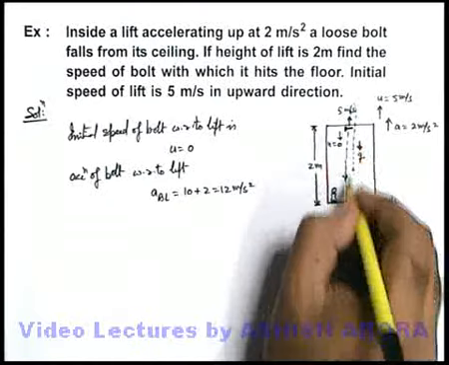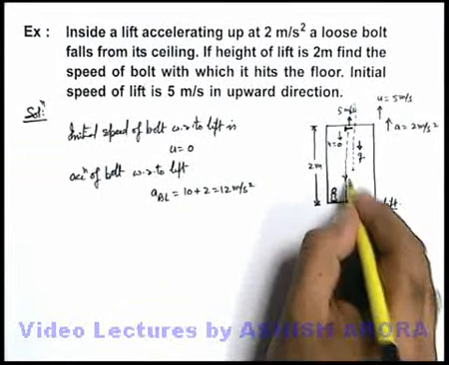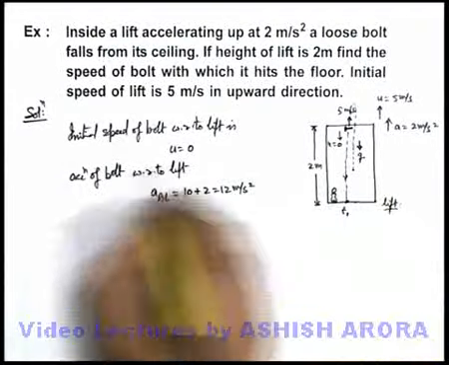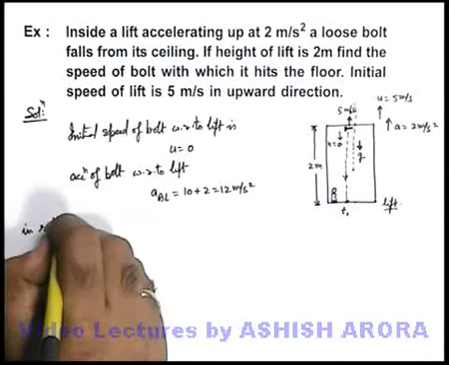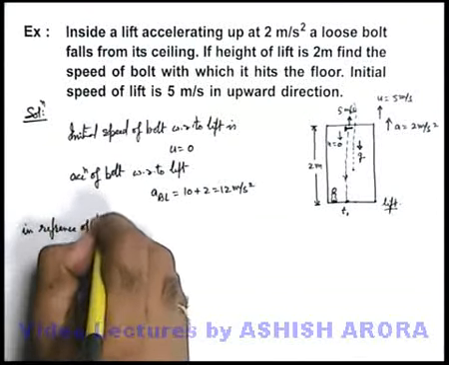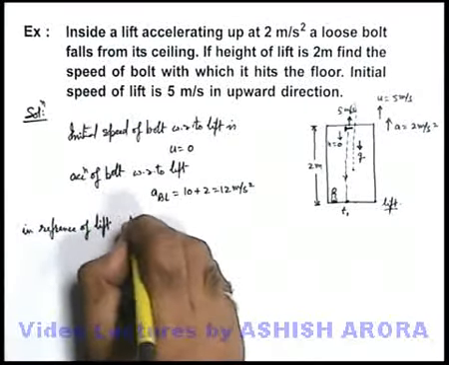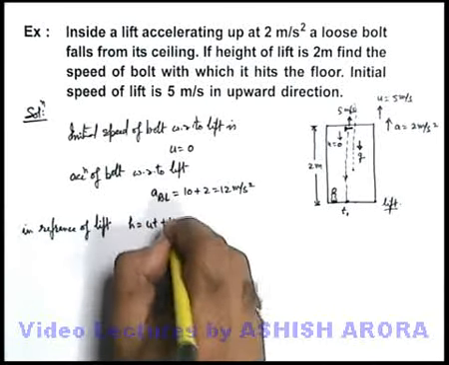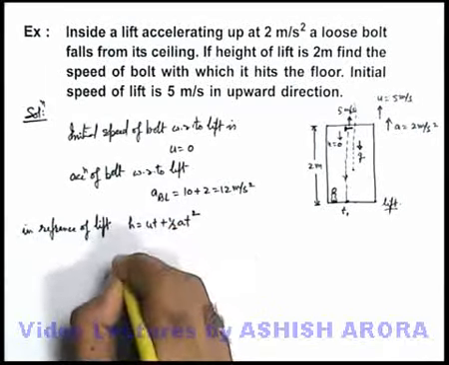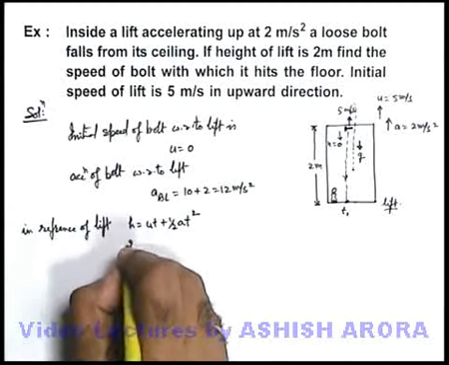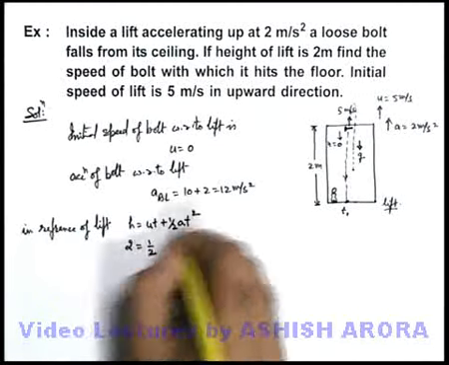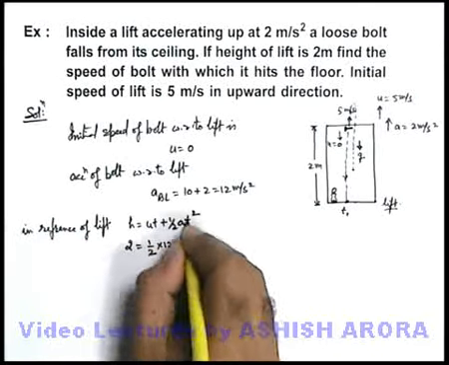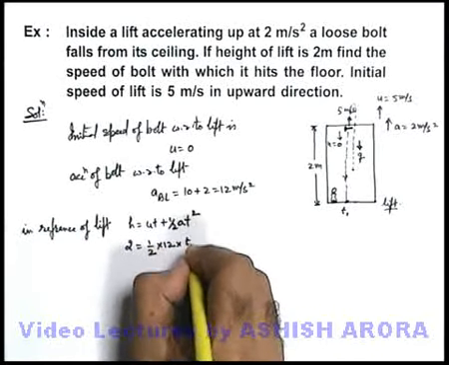Now relative to the lift, if we find the time at which it is going to hit the floor, say it is t1, we can simply use, in the reference of the lift, h equals ut plus half at square. In this situation the height is 2 meters, initial speed is 0, so it is half, acceleration we take as 12, into t square, say time taken as t1.